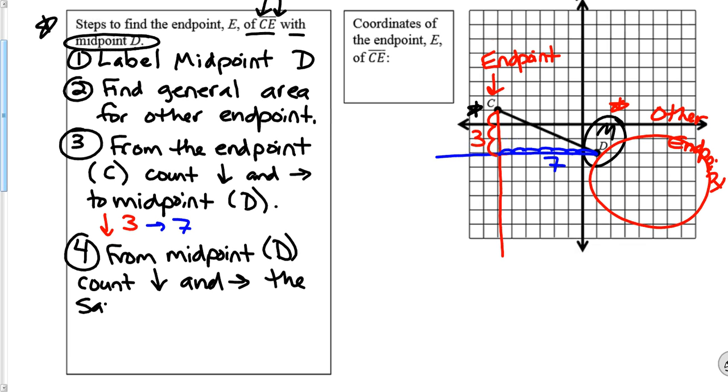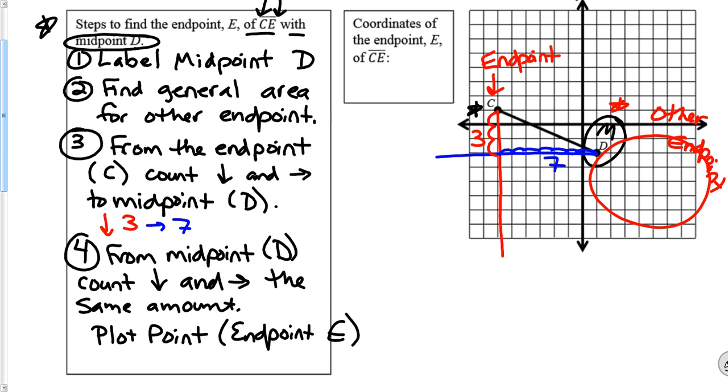And then we're going to plot that point. And that is going to be my end point. And my end point is called E.